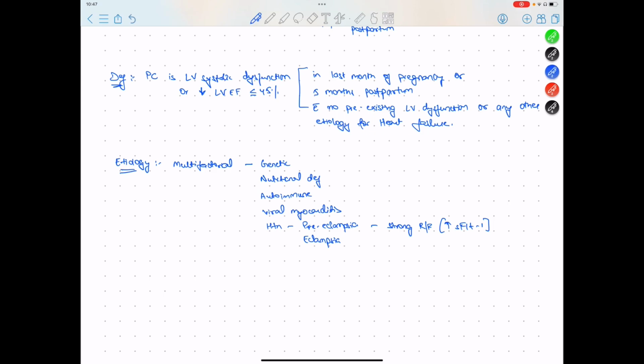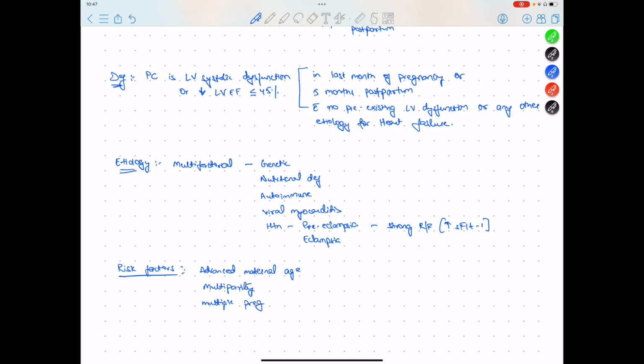What are the other risk factors? Advanced maternal age, of course, multiparity, that is more number of pregnancies, and multiple pregnancies.